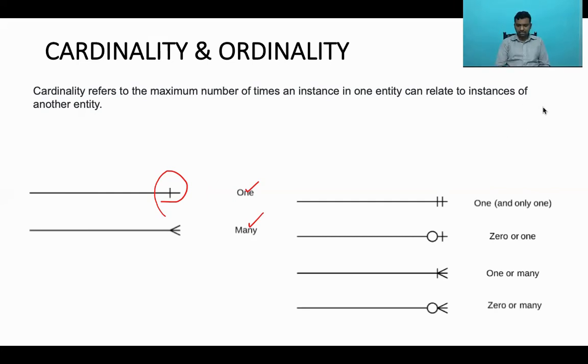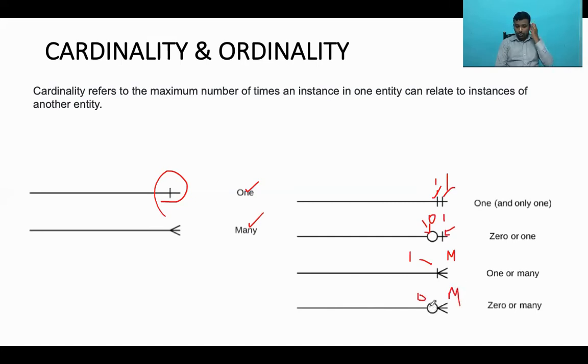For example, in this relationship the maximum is one, the minimum is one. Here the minimum is zero and the maximum is one. Here the minimum is one and the maximum is many. Here the minimum is zero and the maximum is many.